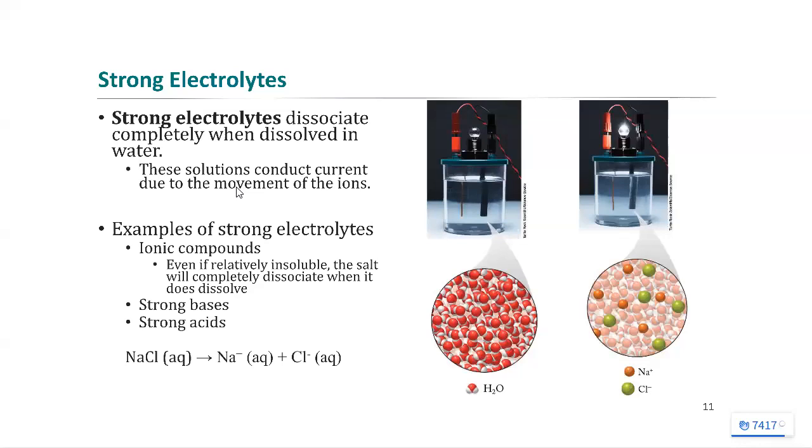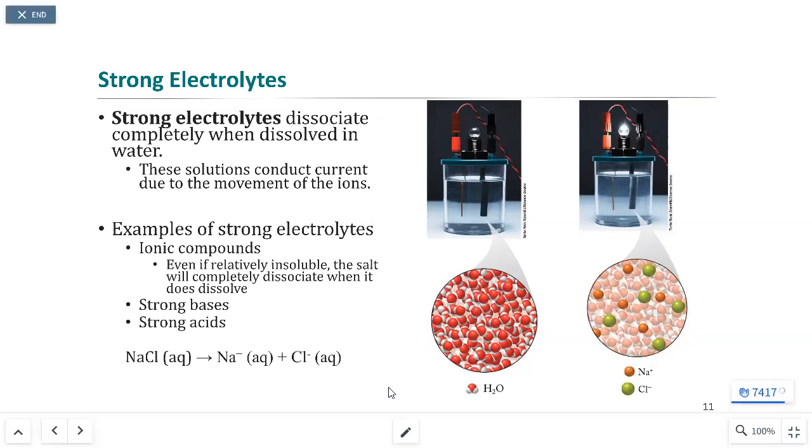We also gave particular examples on Wednesday about strong bases and strong acids and how those break apart completely as well. So when we talk about strong electrolytes, we're talking about 100% ionization. We're talking about full splitting.